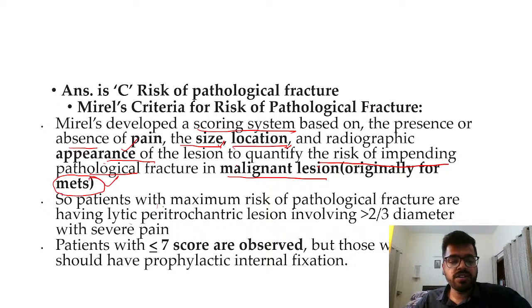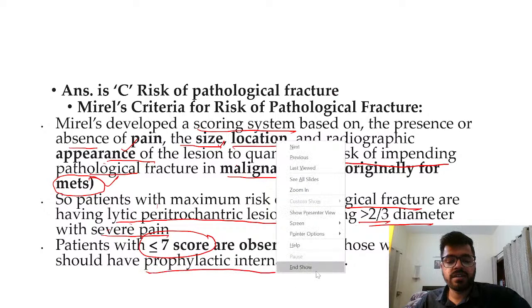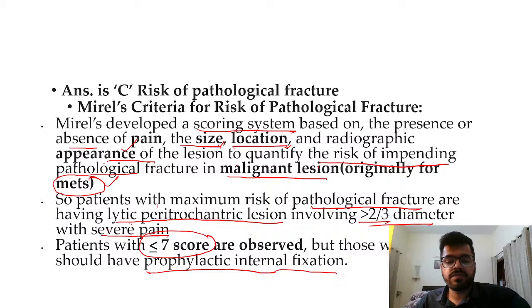Patients with maximum risk of pathological fracture are having lytic peritrochanteric lesion involving more than 2/3 the diameter with severe pain. Patients with score 7 or less are observed, and patients with score 8 or more are operated and prophylactic internal fixation is done.